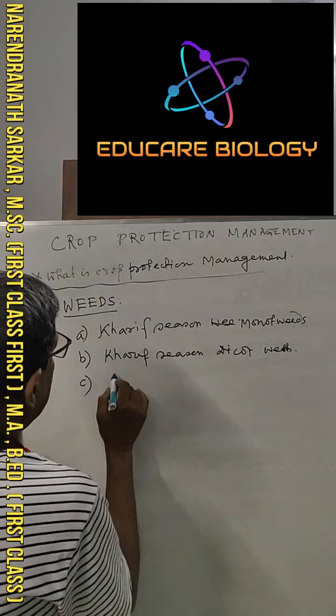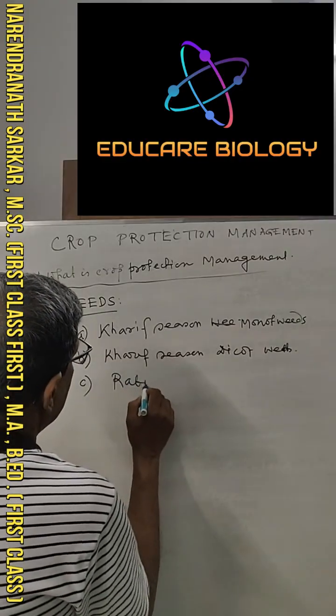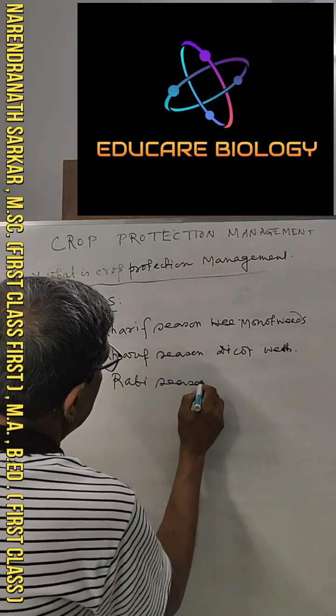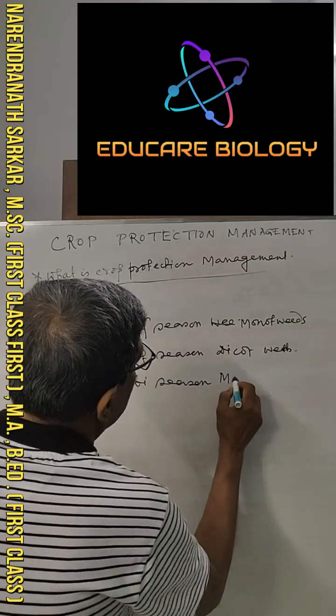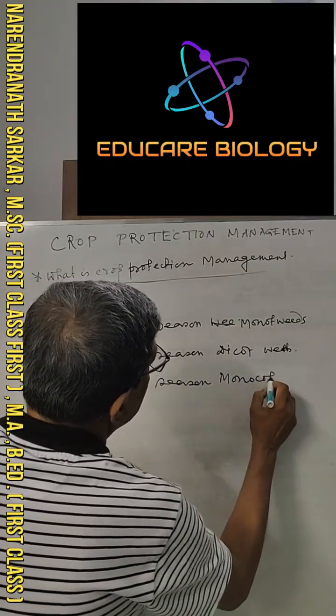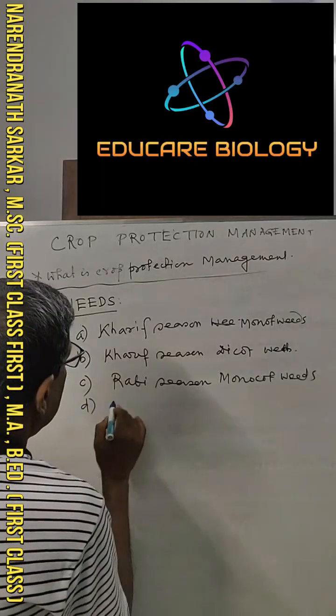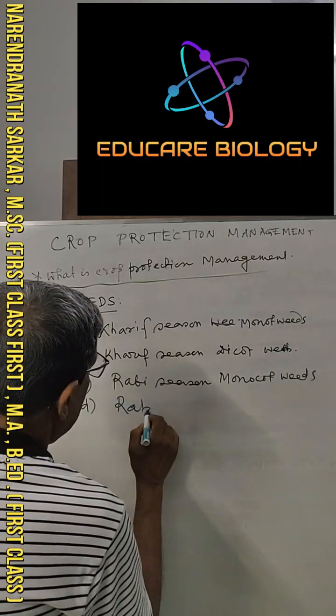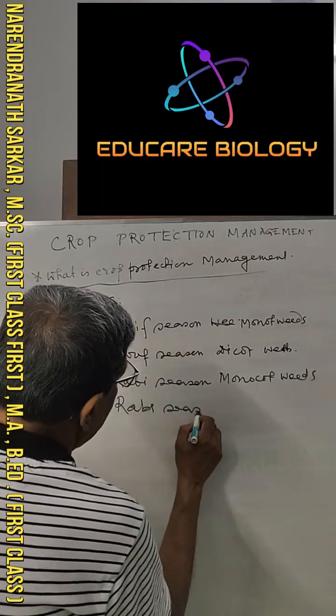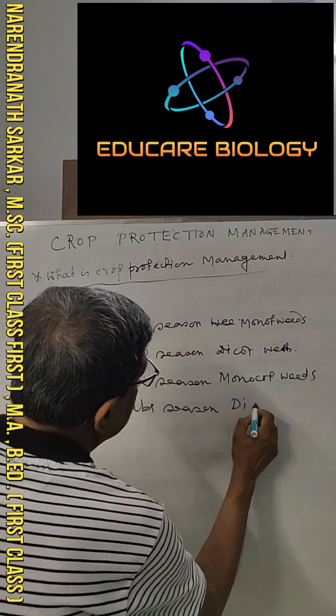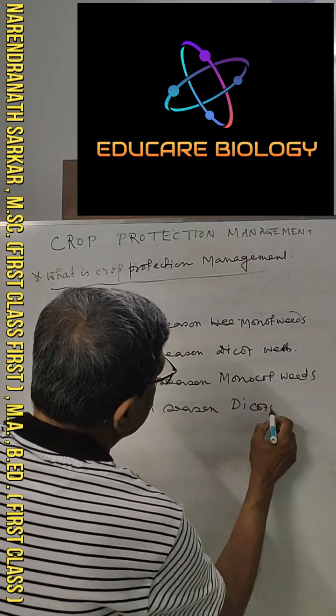C. Rabi season monocot weeds. D. Rabi season dicot weeds.